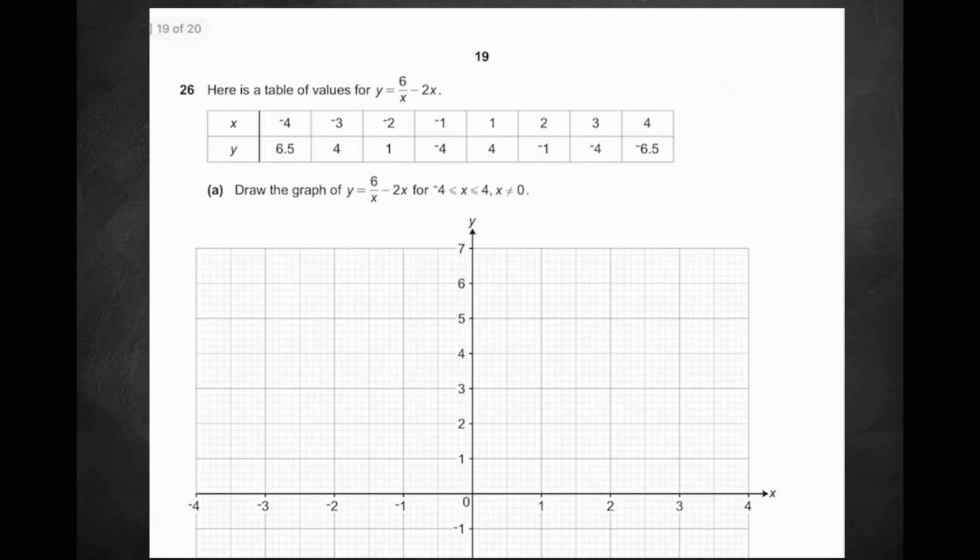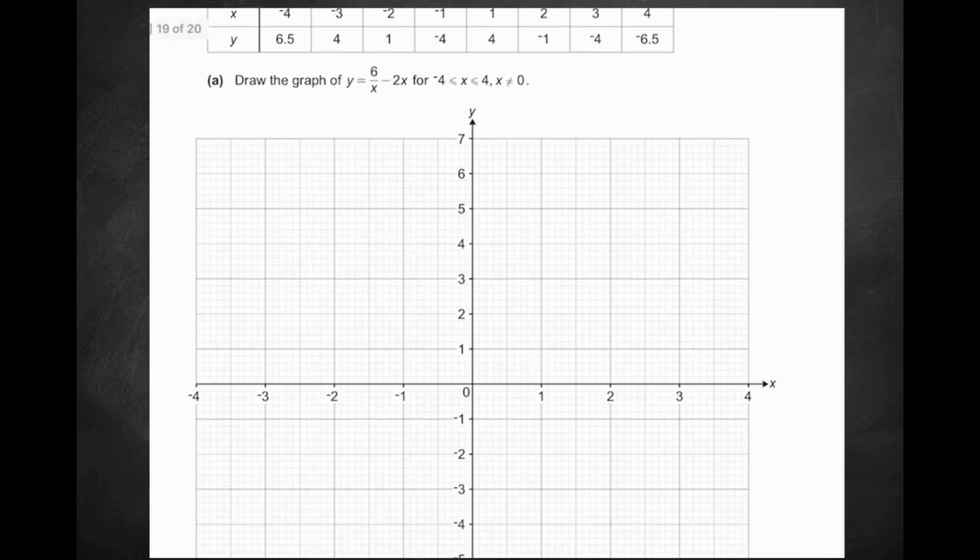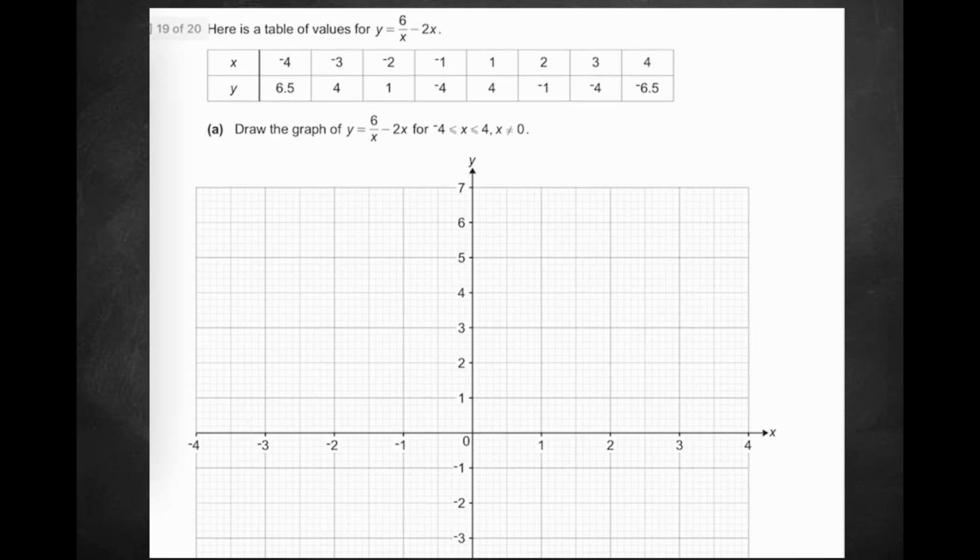Question 26. Here is a table of values for y equals 6 over x minus 2x. Draw the graph of y equals 6 over x minus 2x, for minus 4 to 4, x not equal to 0, and it is inclusive. So, x is minus 4, which is here. Y is 6.5, which is going to be halfway up here.